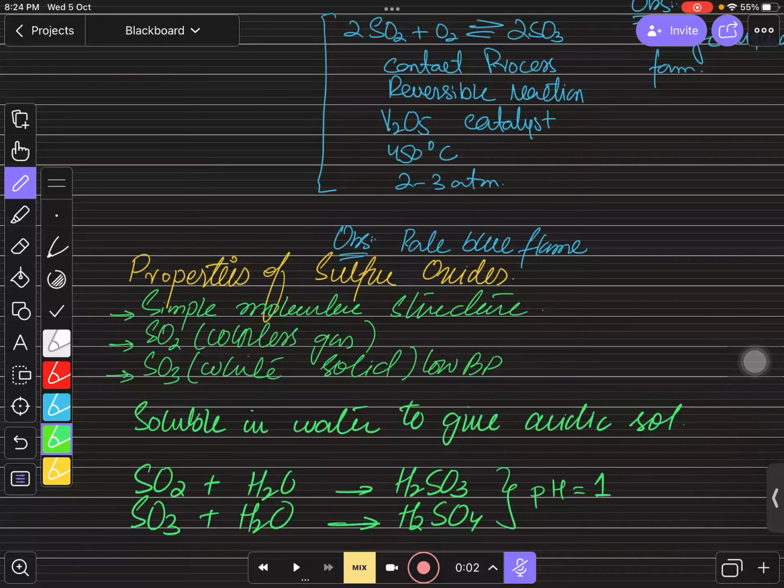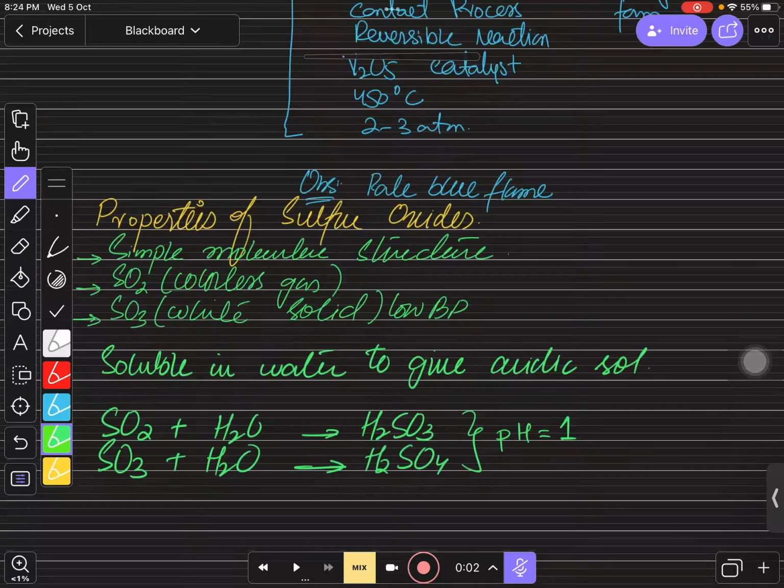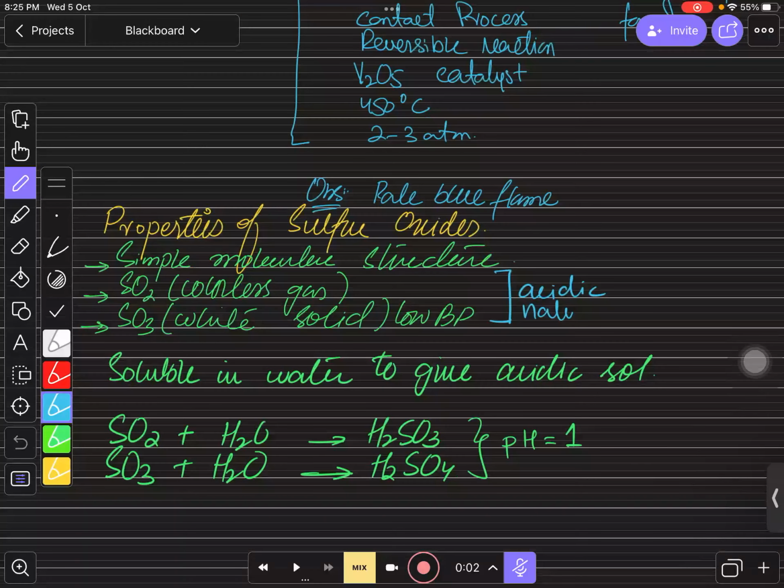They both are acidic in nature, and if you talk about the source of these gases, they can be produced naturally in the atmosphere by volcanic eruption or fossil fuel combustion.